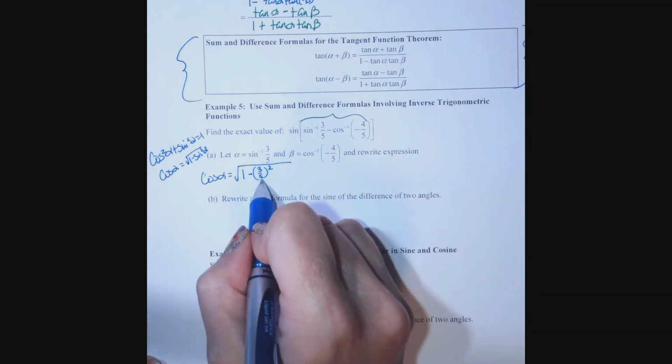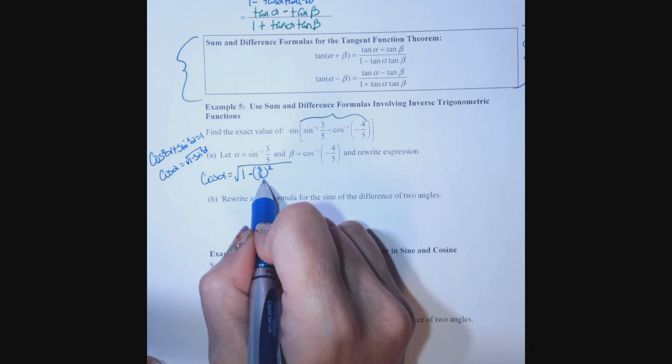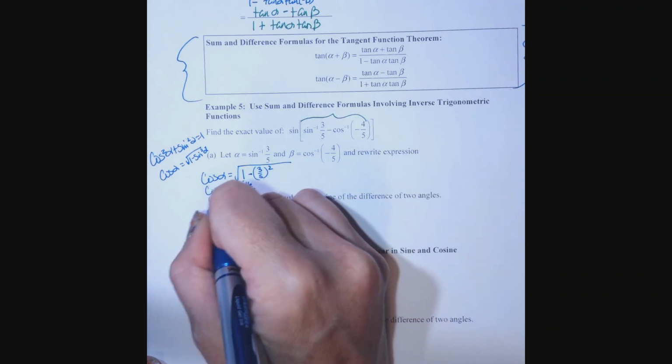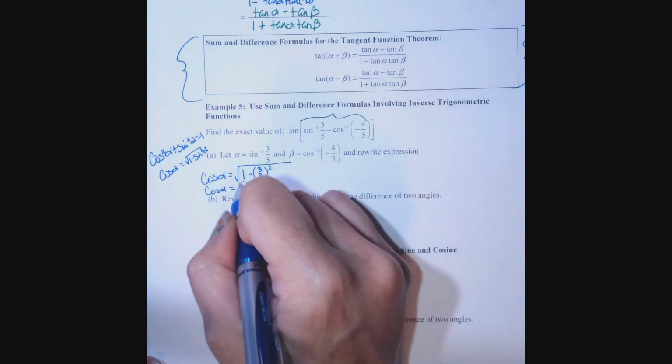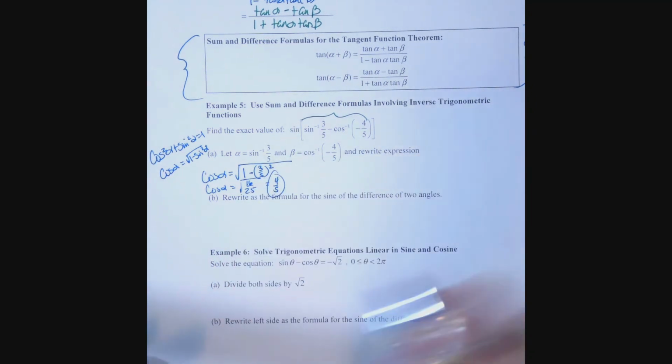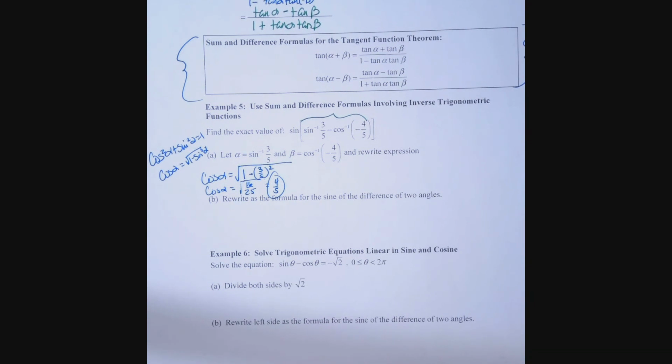Well, 3/5 squared is 9/25, and 1 minus 9/25 is 16/25. So cosine alpha is the square root of 16/25, which is 4/5.